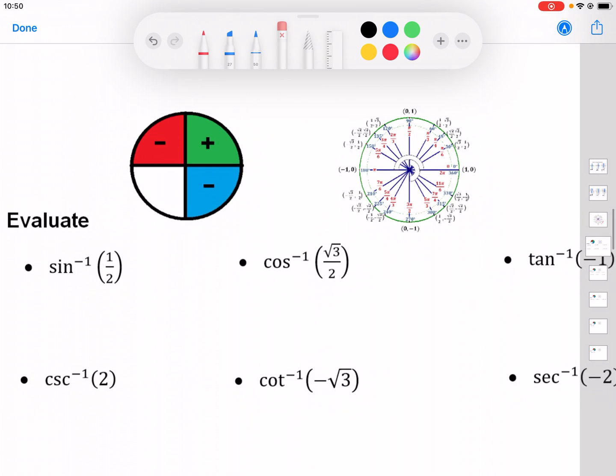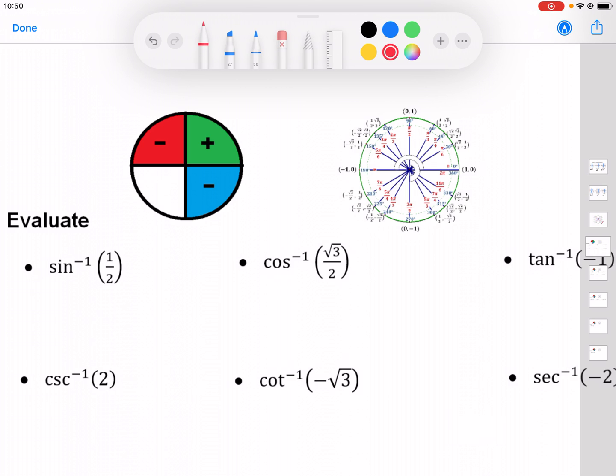I made this little diagram once again because if you notice, for all of them, if you get a positive value, it's always going to be in the first quadrant. If the value inside is negative, then it switches to either the second or fourth quadrant. We never use the third quadrant when we're evaluating inverse trig.